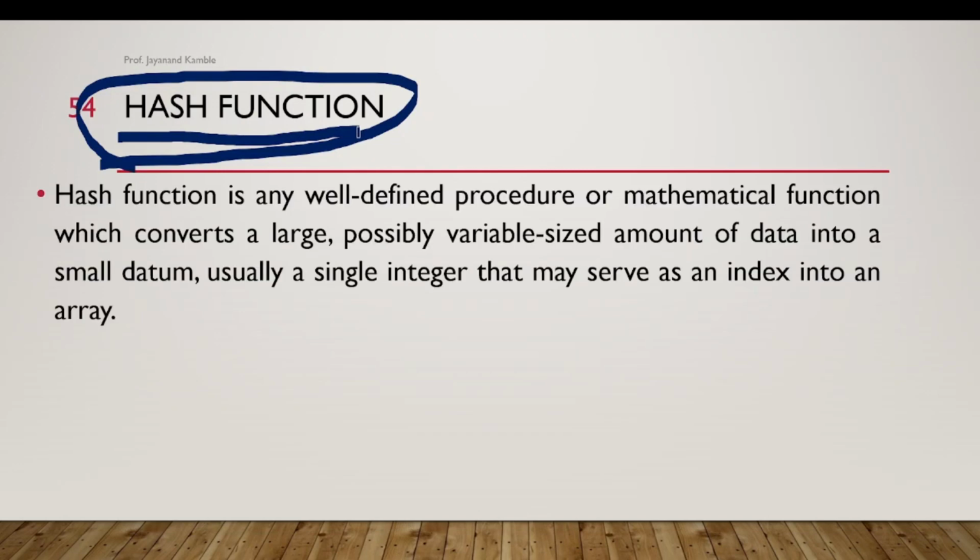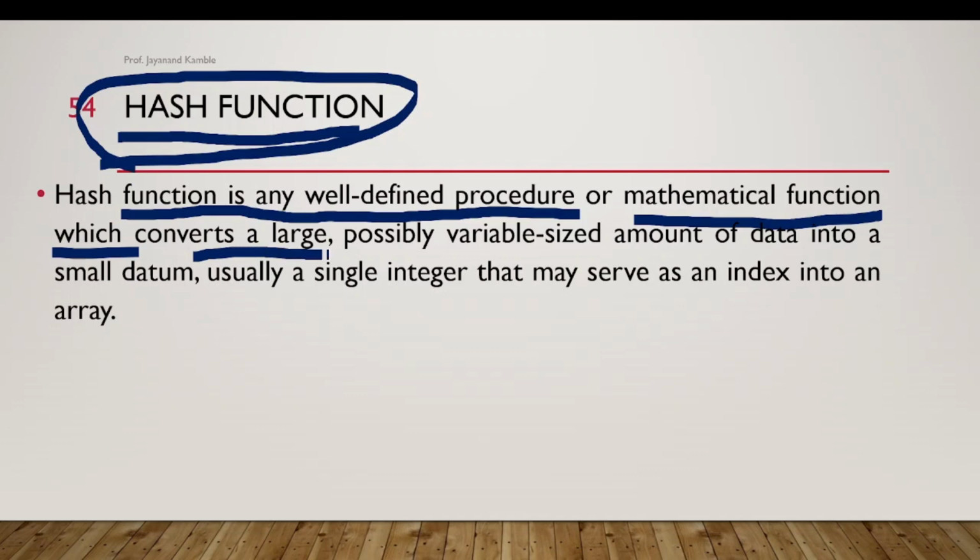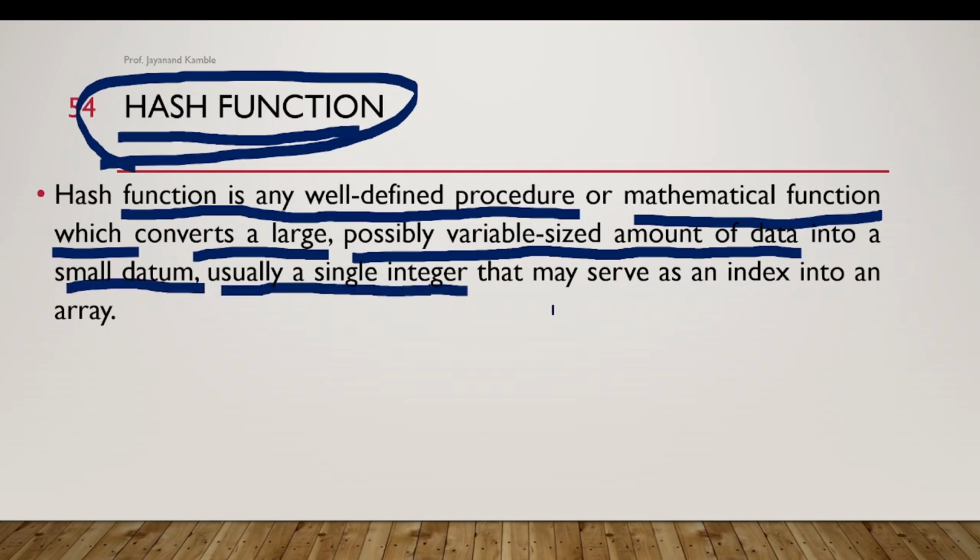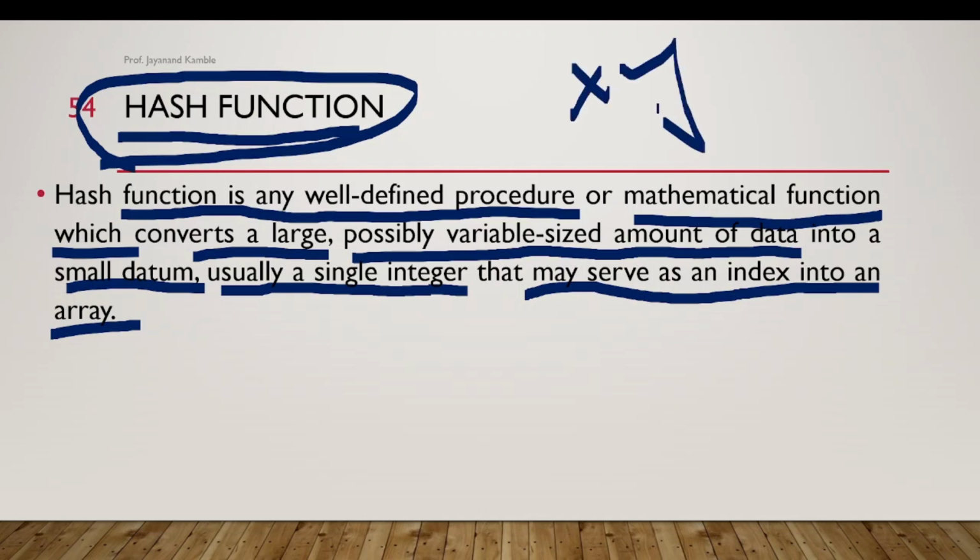So what is hash function? It's very simple. Hash function is any well-defined procedure or mathematical function which converts a large, possibly variable sized amount of data into a small value or datum, usually a single integer, that may serve as an index into an array. That means we are going to have some value, for example x, y, z.